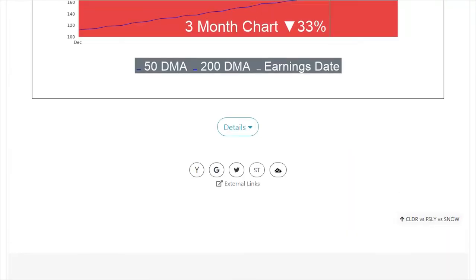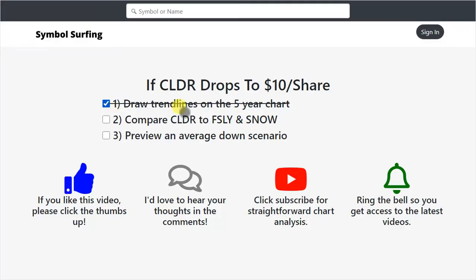Okay, so let's go back. We did the trend lines and we compared CLDR to its direct competitors. Now the last thing I want to do is preview an average down scenario. Like I was saying, if you bought in at 16, 17, 18, or 19, and it drops to $10 a share, that's when you need to look at averaging down if you still like the stock.